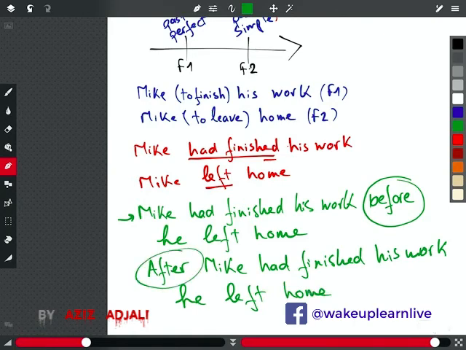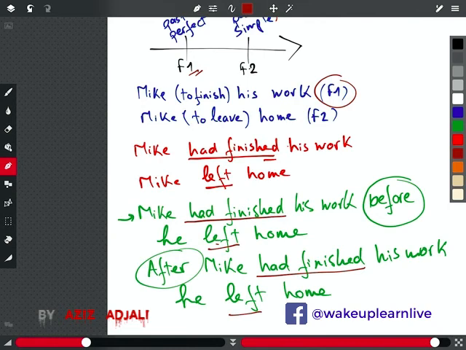In this case, we used after. And as you can see here, the conjugation does not change. So Mike had finished, and in here, Mike had finished, because the verb to finish is the older verb in here, it's verb number 1. And in here, left home, so it does not change.